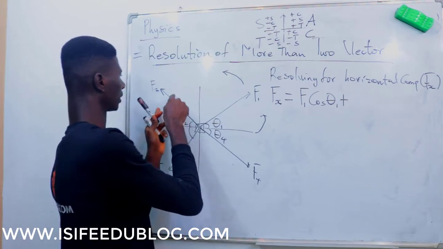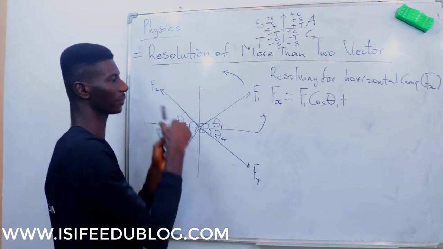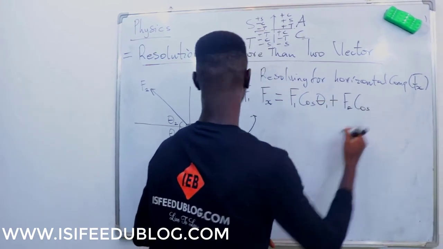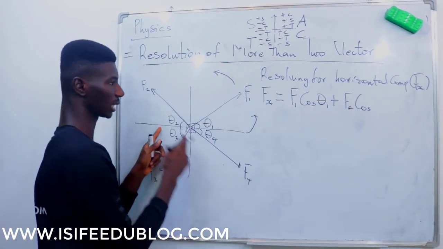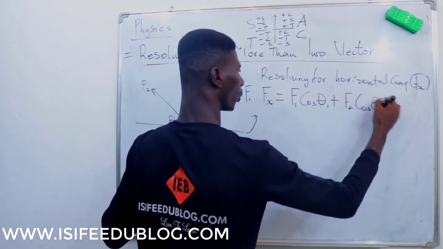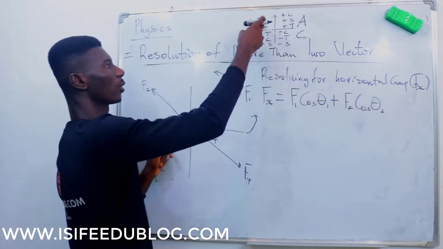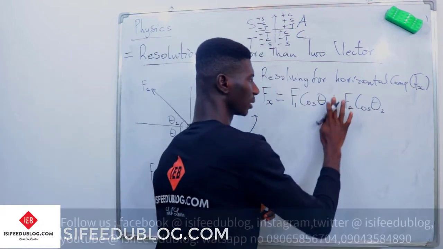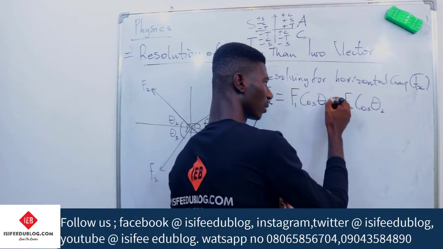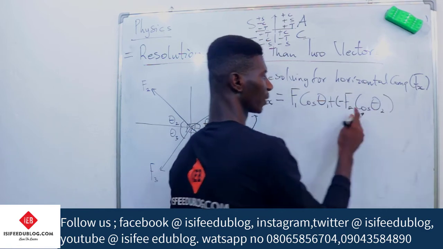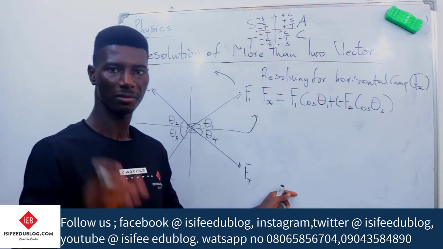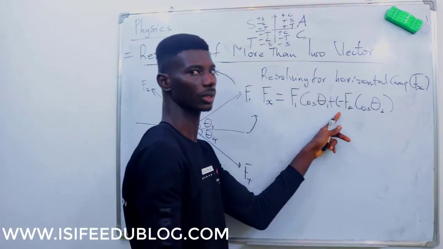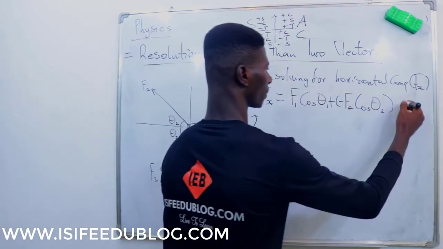The next place we have a force is here, so we have F2 cos θ2. But if you watch your Cartesian plane, cos is negative in this quadrant. Therefore, this will change to plus minus F2 cos θ2. Be very, very careful with that. Minus F2 cos θ2, because we are going to see that when we start solving questions.